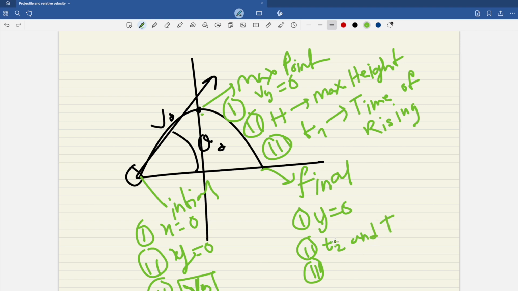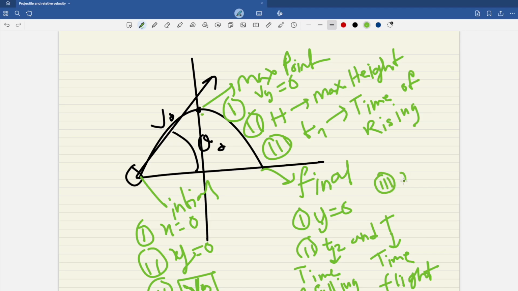The T2 is the time of falling, and this is the time of flight. And then third, the x is equated to R. We get this information from these 3 pivotal and vital points.